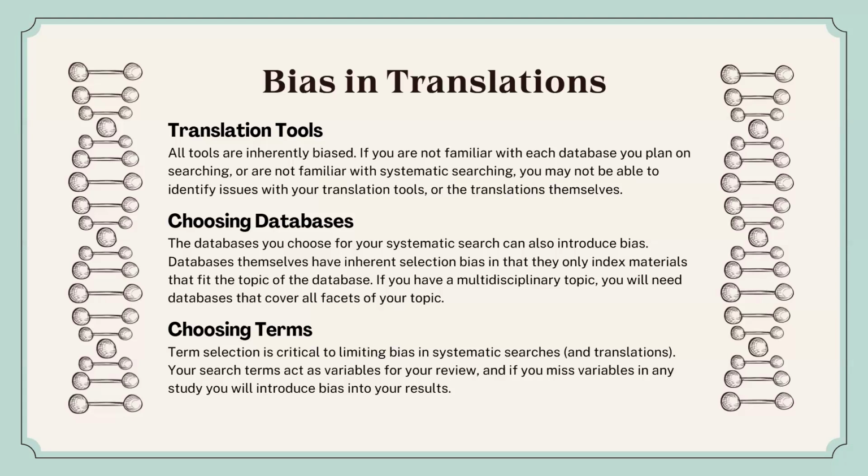I was doing a search a little while ago where I was using Embase's search query translator, and I had a subject heading in MeSH that had an "and" in it, right? So that translator separated that term out into two keywords and I lost that term. So being able to read these searches and know what's happening in the tools is very important.